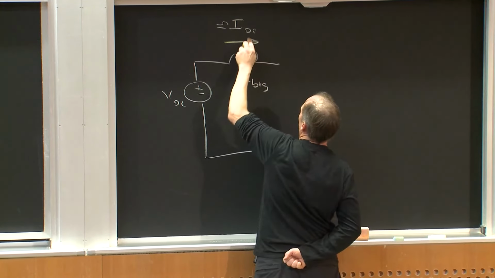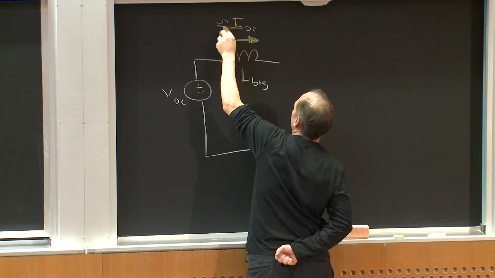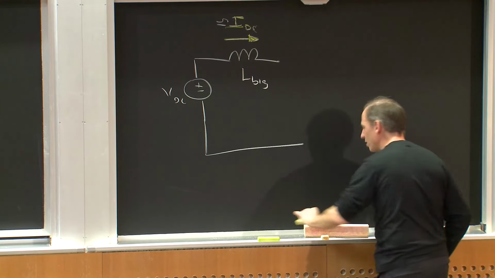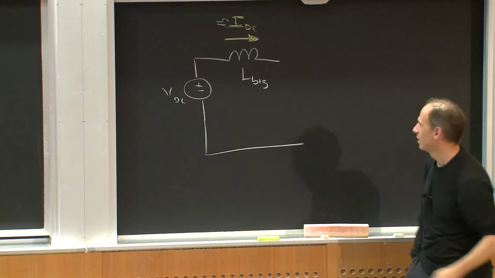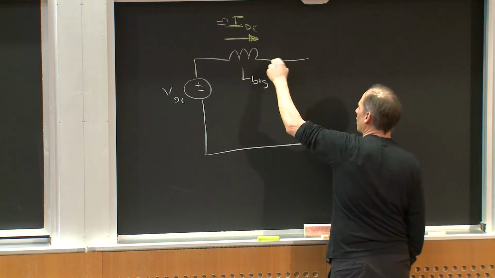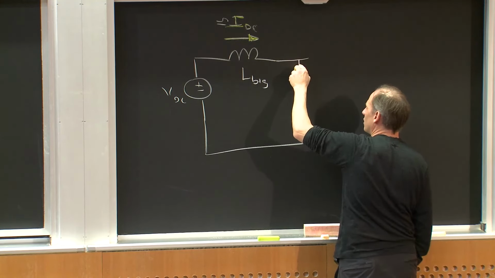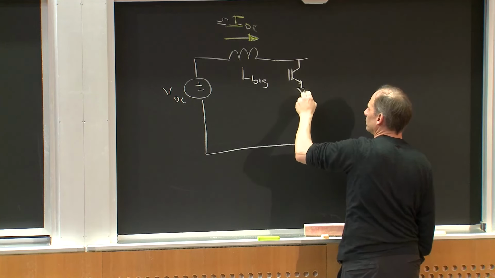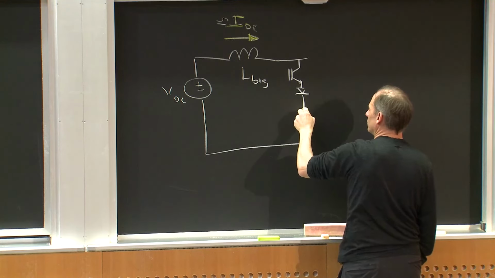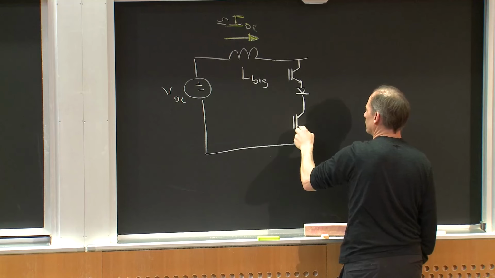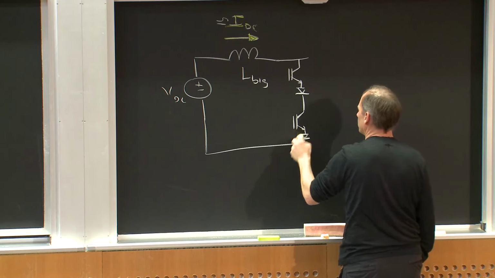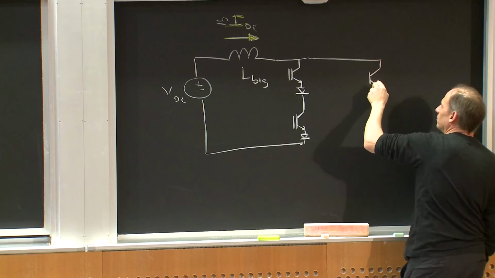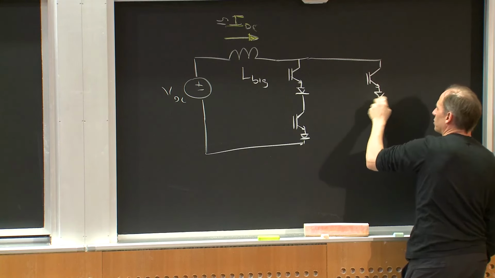Now I might want to create an AC current from that. I could do that again with a set of switches, okay? Maybe, however, what I would want is switches that do this. I'm picking a different switch type just for fun.